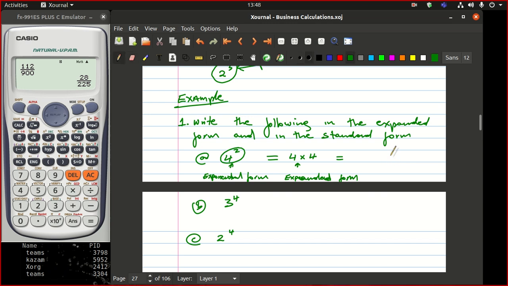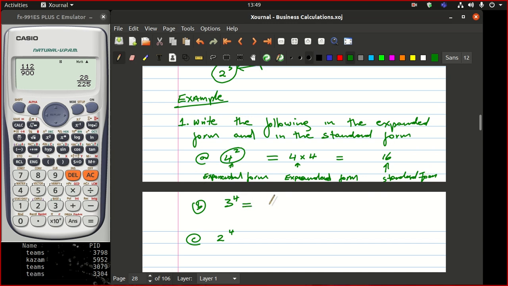Writing it as just one number is what we call a standard form. So I hope you can see the differences here: when you have a number raised to an exponent, it's an exponential form. When you write it this way, we have an expanded form. And this number here, which is the final answer, is in the standard form. I hope you can see that.